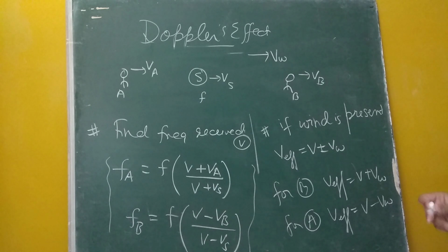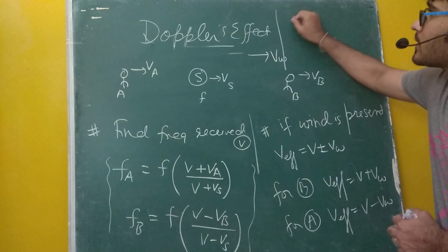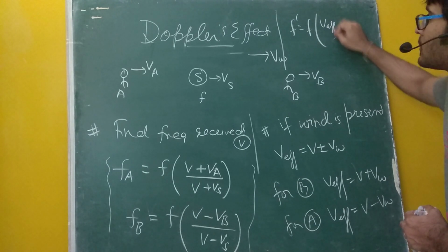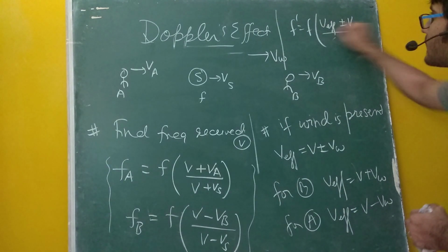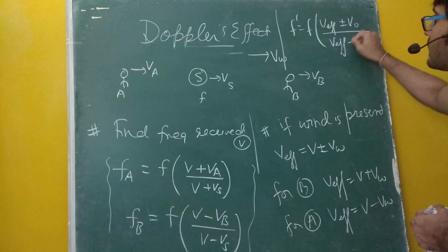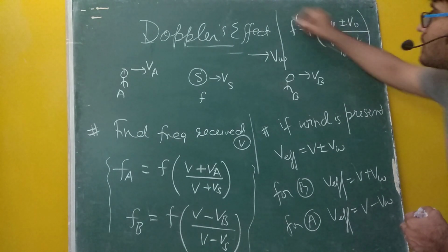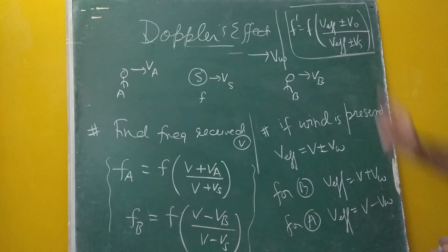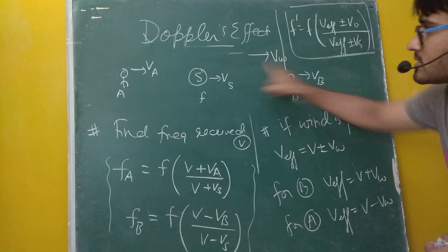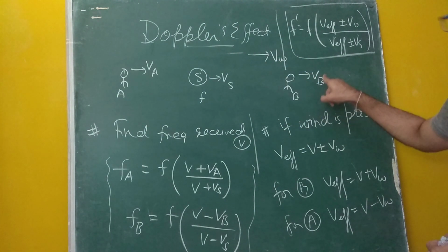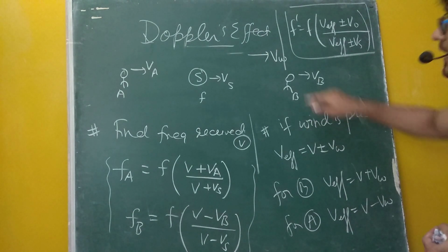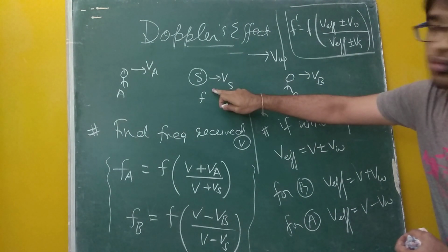So now our Doppler effect formula will become F dash is equal to F times V effective plus or minus VO, divided by V effective plus or minus Vs. Very simple. Only one little change comes into the picture due to wind. Again, I am repeating: if signal and wind are in the same direction, what will be the signal direction? It depends on the location of observer and source.